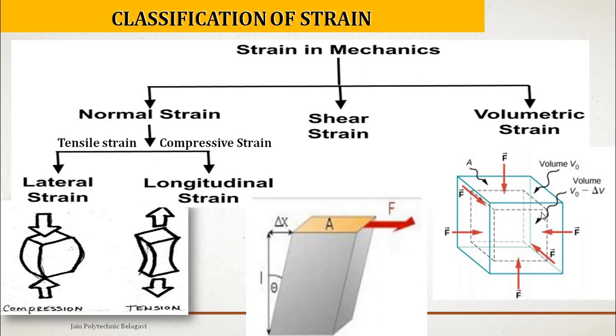The box is now shown with a dotted line. The original was the blue box, and after applying the forces there was a change in the dimension, a reduction in the volume. That reduction in the volume is said to be volumetric strain. Change in the volume divided by the original volume gives you volumetric strain.